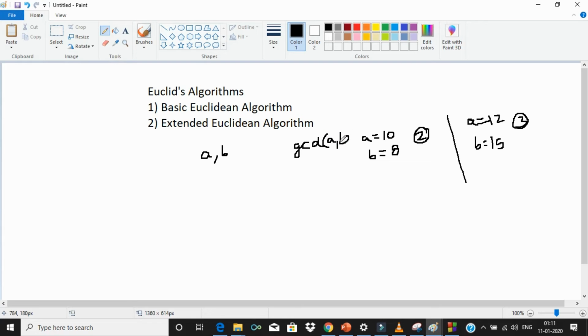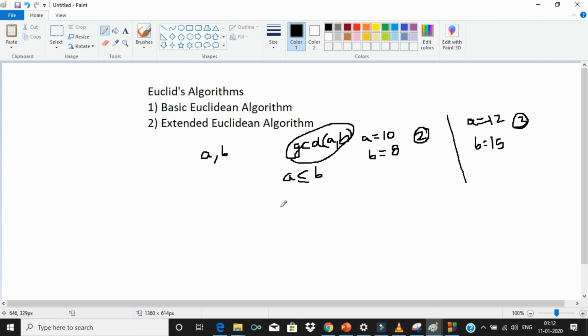This is what the basic Euclidean algorithm helps us to find out. So how does the basic Euclidean algorithm help us to find this? Let us assume that always in this function GCD(a, b), a is going to be less than or equal to b.